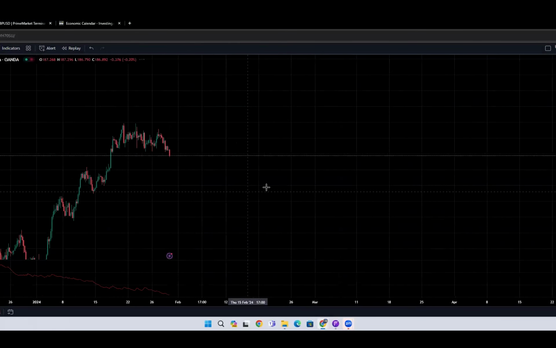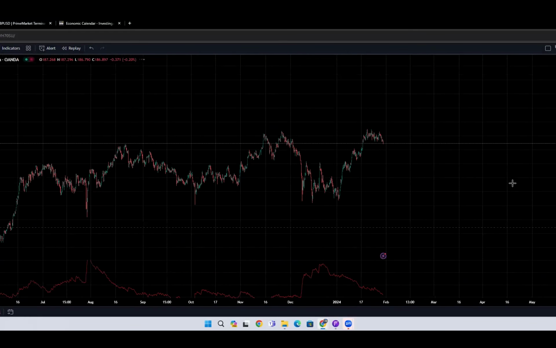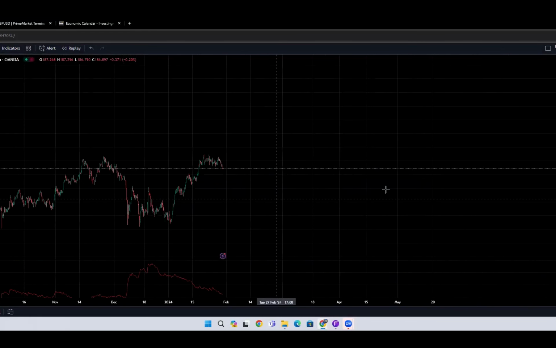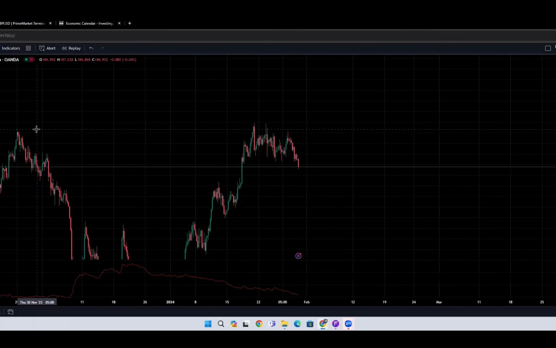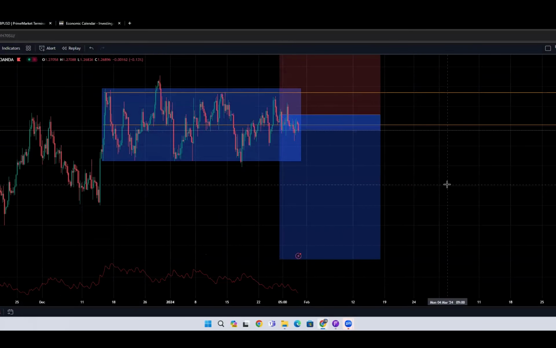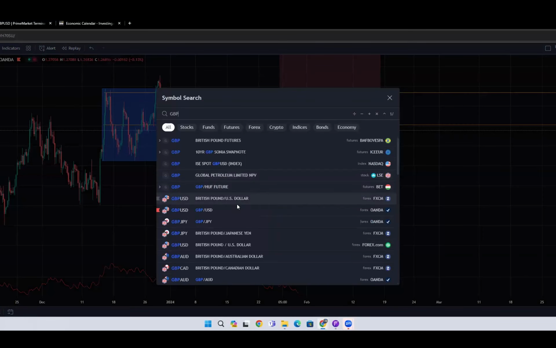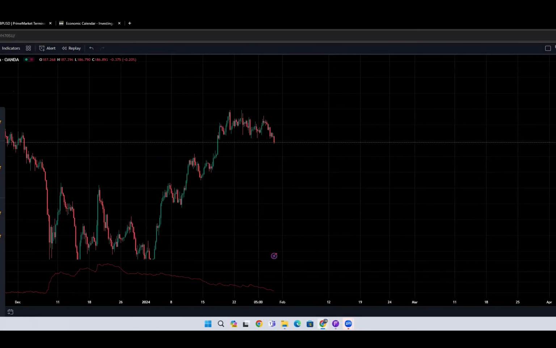Okay, pound yen. It is in a very good position actually to enter a trade because we are ranging, and I do like ranging, as I've just mentioned to you guys last week on pound dollar. We are ranging, and I got into the trade.